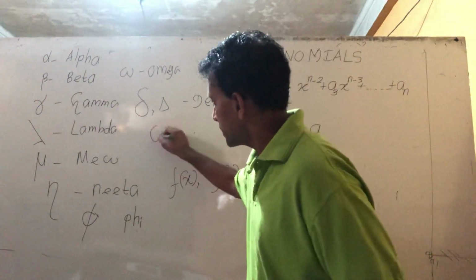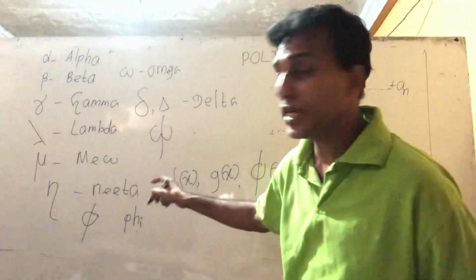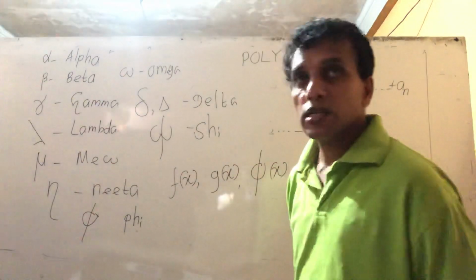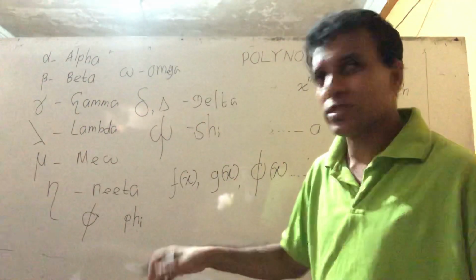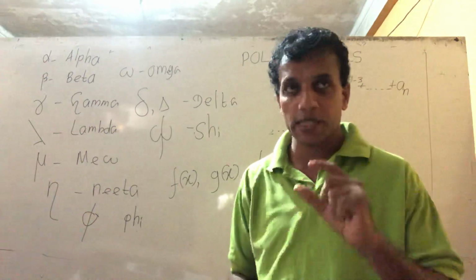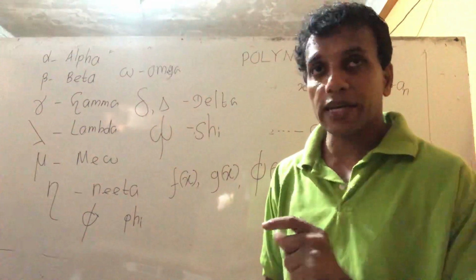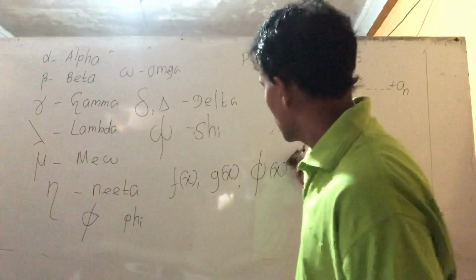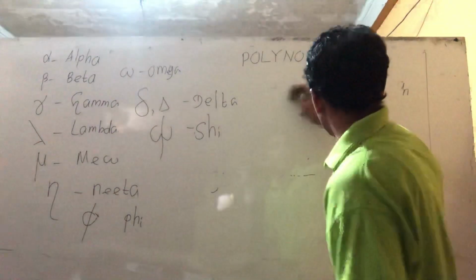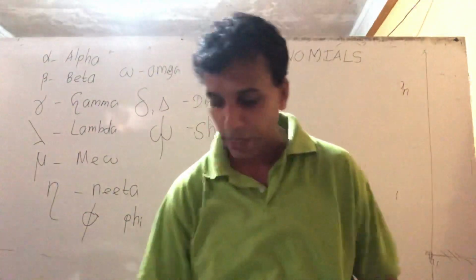And like this one, chi. These are frequently used. Later I will show some more when we face problems involving such letters. We'll come back to the polynomial knowledge. So you know the idea of what we mean by polynomial, right?